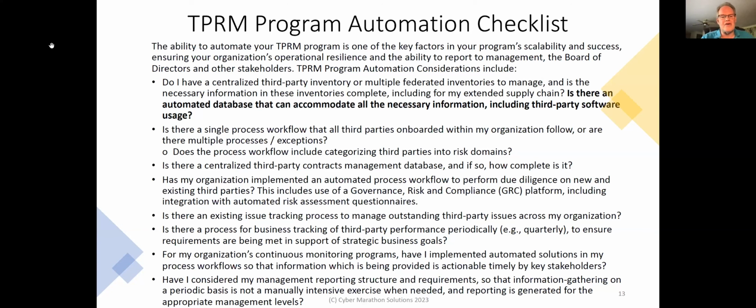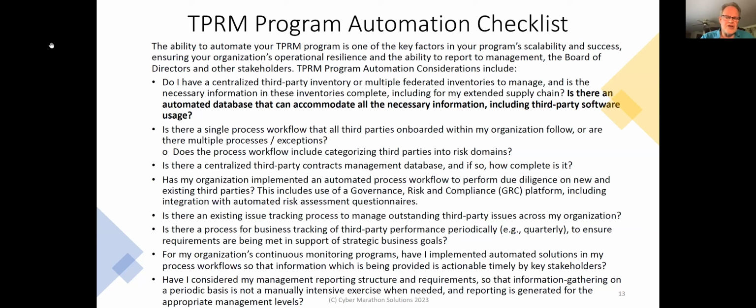So here's a checklist of things that you want to consider when you look at automation. First, automated centralized third-party inventory. That's check to see if there is a third-party software inventory for your organization.